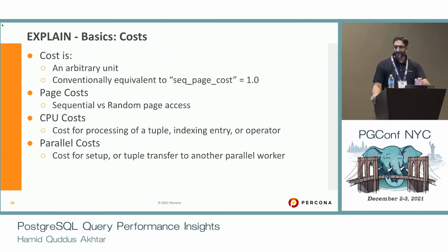So these are basic estimates of effort that the planner will look at in evaluating how a SQL query should be executed. Based on these costs, it's going to decide whether an index will be used or a sequential scan will be used. So this is really the basis.